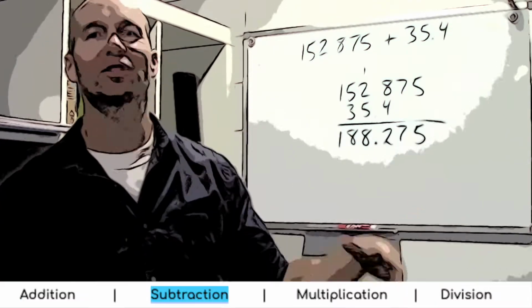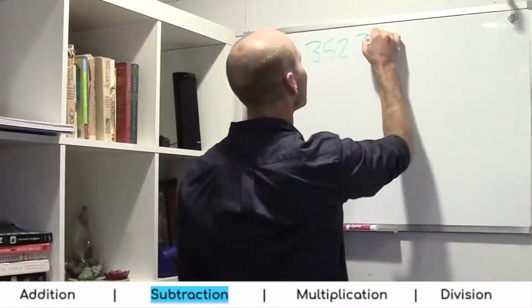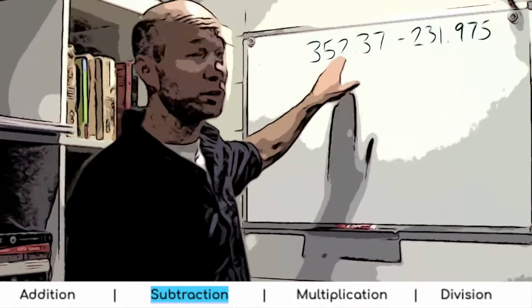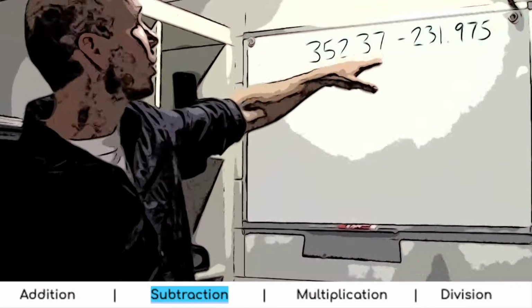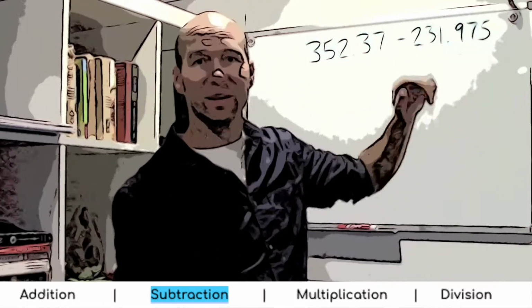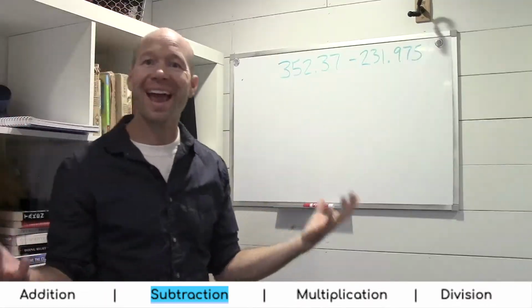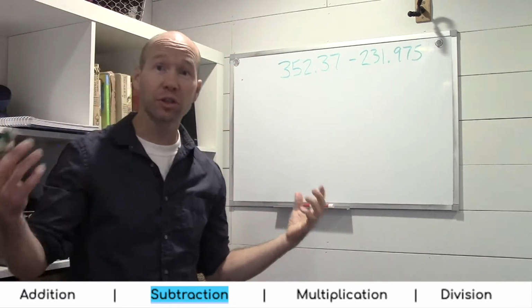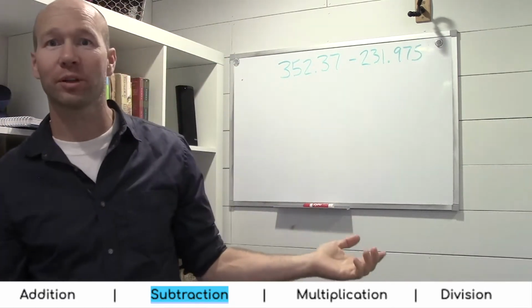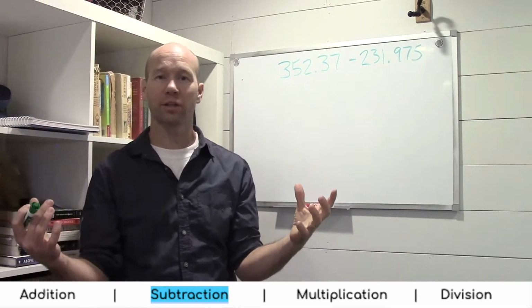Let's move on right to subtraction. We have 352.37 minus 231.975. Now when I add, it doesn't matter what number I put on top or on the bottom. 2 plus 4 is the same as 4 plus 2. It doesn't matter which order I go in.